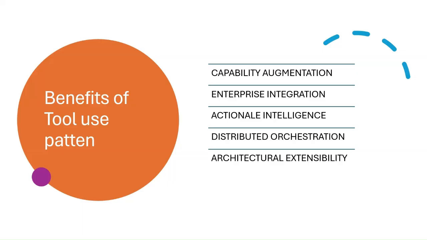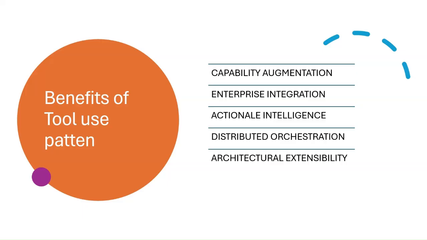Then we have actionable intelligence. Traditional AI systems primarily provide insights and recommendations. With tool use, agents can go a step further by converting decisions into actions, whether it's updating records, creating tickets, sending notifications, or initiating workflows. The agent becomes capable of executing tasks and driving measurable outcomes. Then we have distributed orchestration.